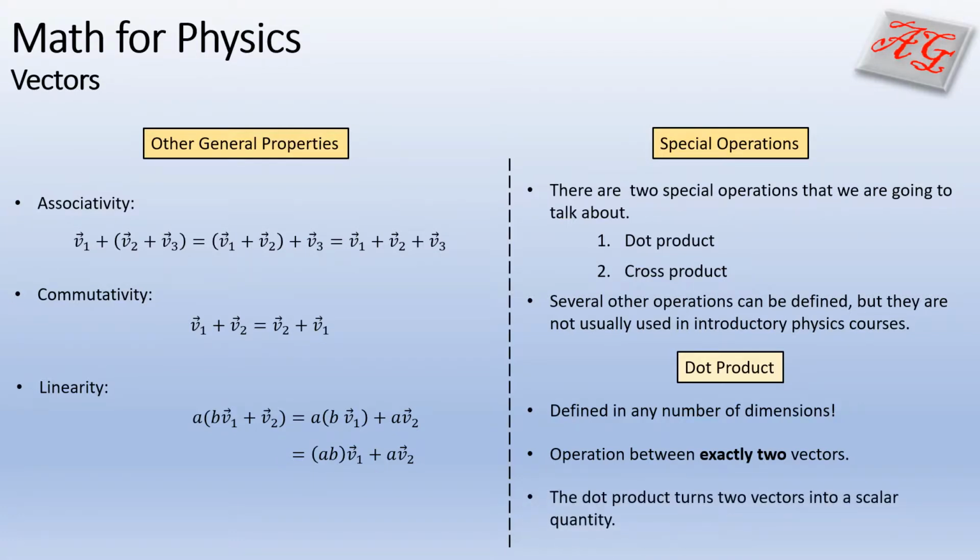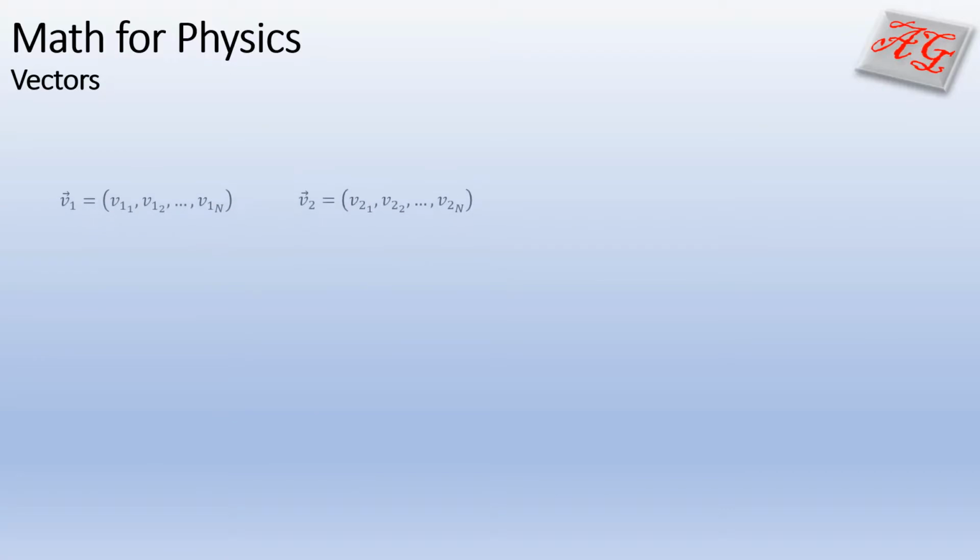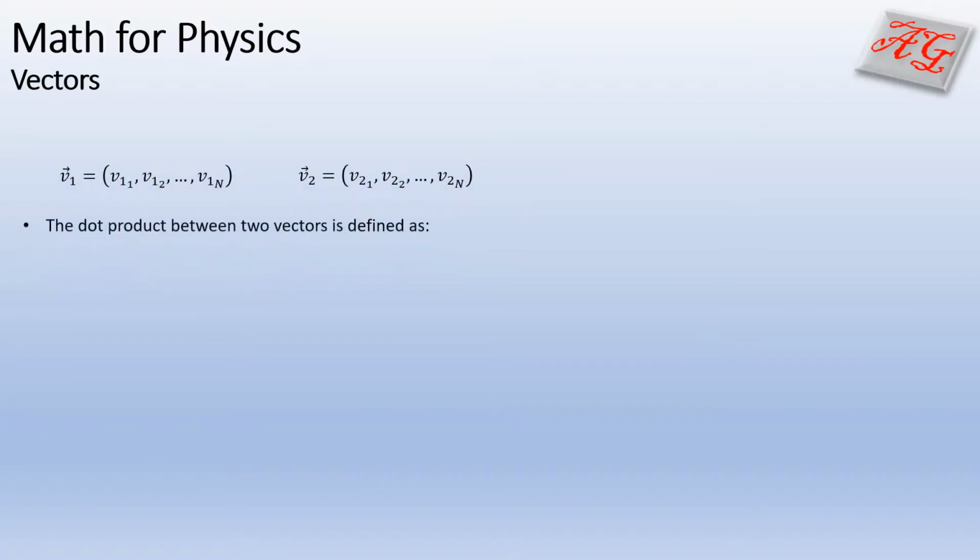The dot product turns 2 vectors into a scalar quantity. So define 2 vectors in n dimensions as we did a while ago. The dot product of 2 vectors is defined as the function that takes 2 vectors and turns them into a scalar quantity. As an abbreviation of the function, we use the dot operator between the 2 vectors, hence dot product.